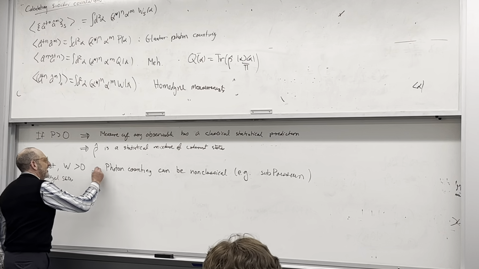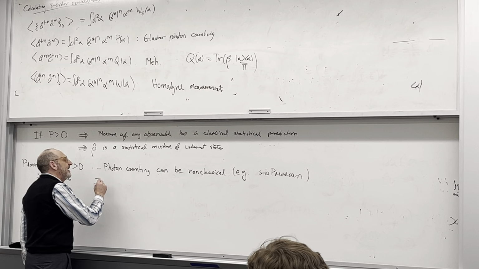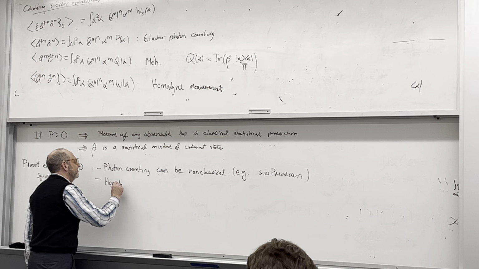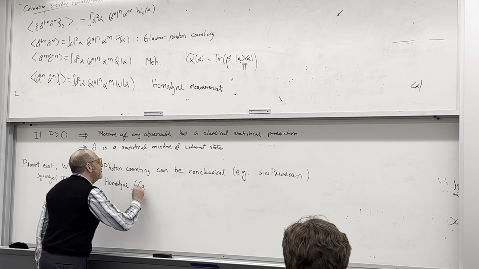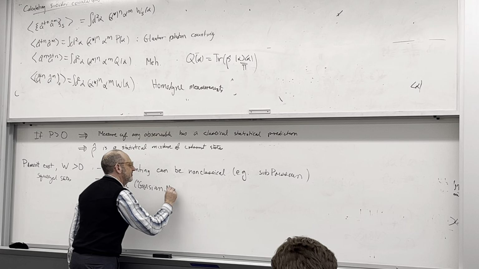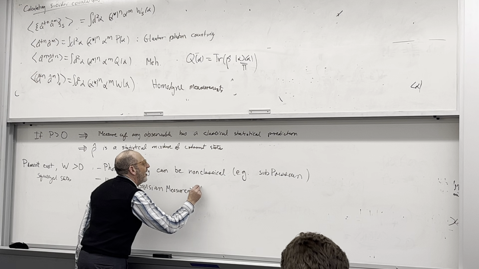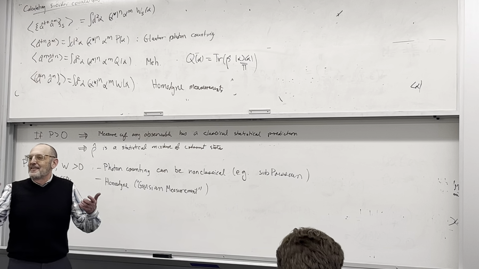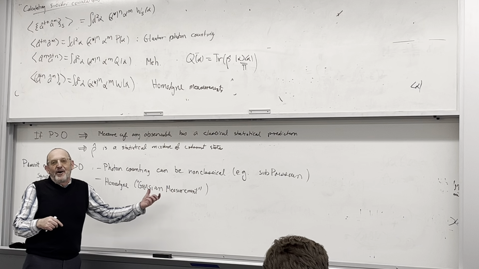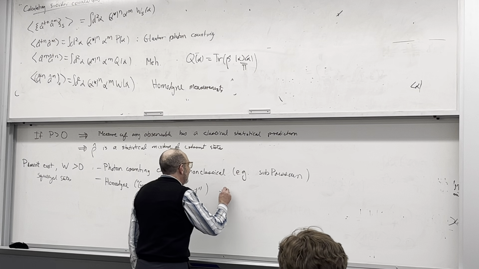But the homodyne, which we would call Gaussian measurements, because all the x and p measurements are Gaussian functions of x and p, this is classical.